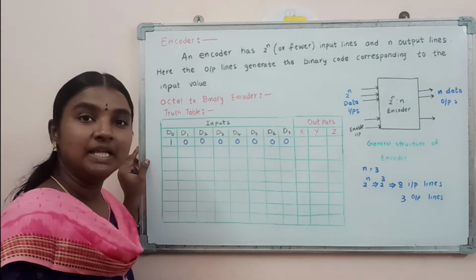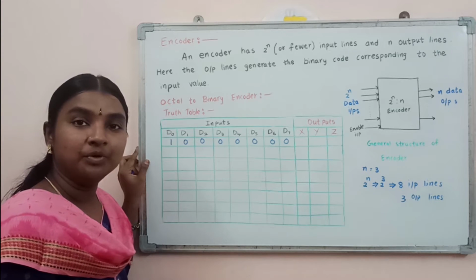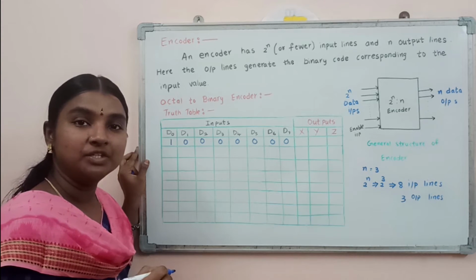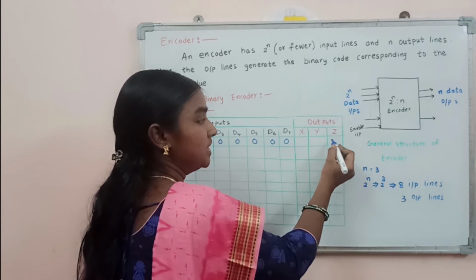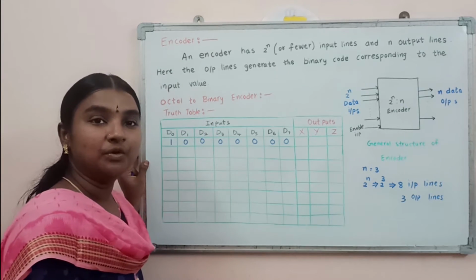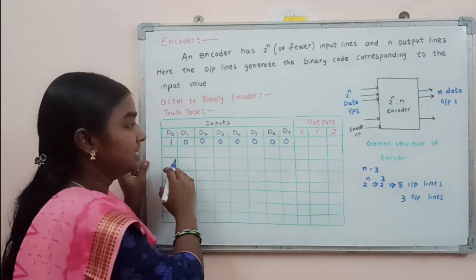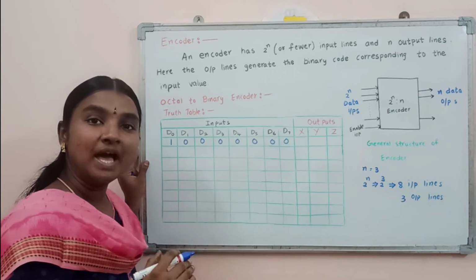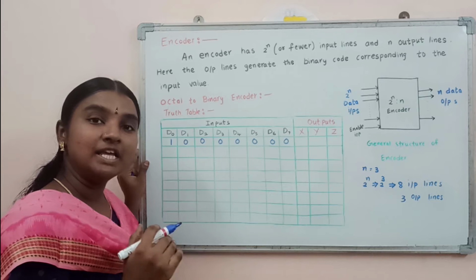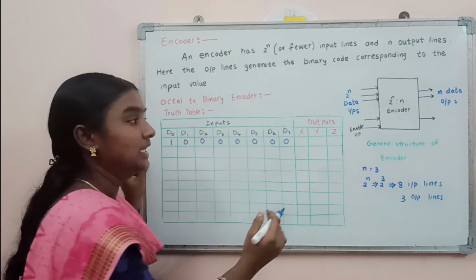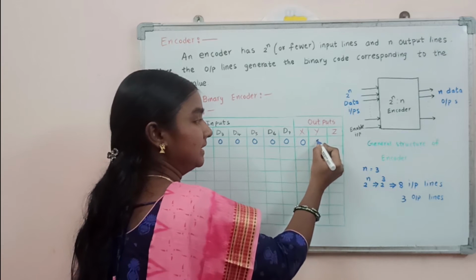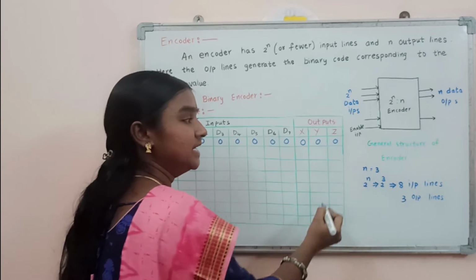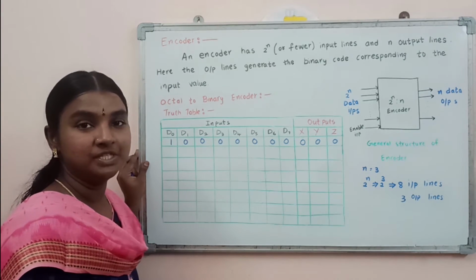This means the D0 data input binary code is going to be x equal to 0, y equal to 0, z equal to 0. That means for each data input, we generate the respective binary code on the output side. So x, y and z are all going to be 0.